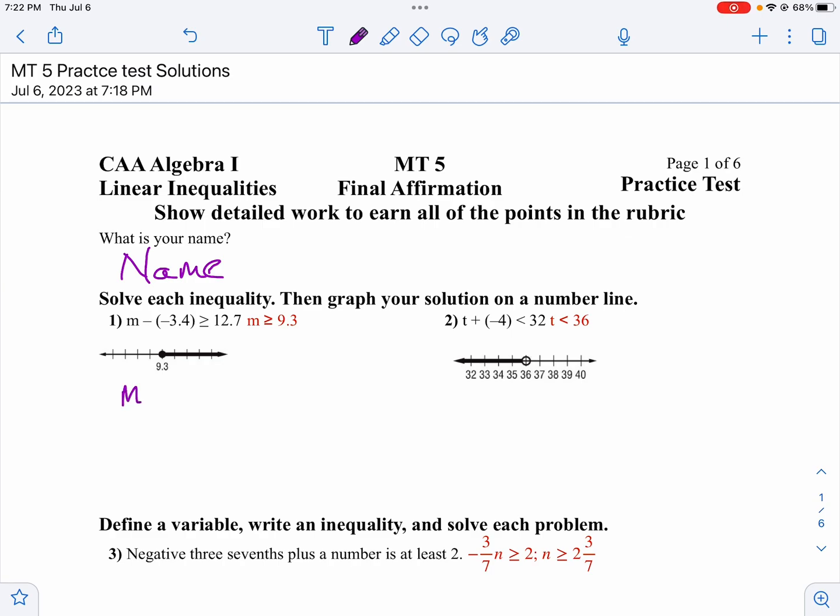When you subtract a negative, so plus 3.4 is greater than or equal to 12.7. Now we're just going to subtract 3.4 from both sides.